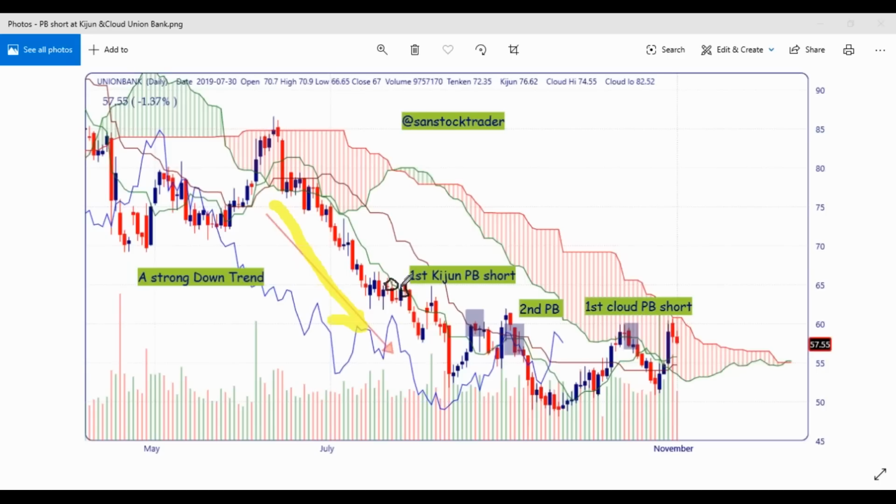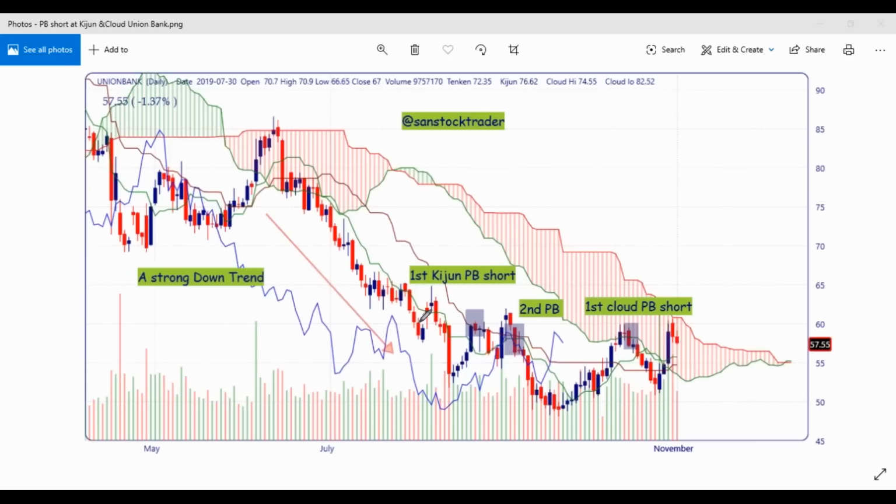The second time price touched the Tenkan-sen and was rejected. So as per our Tenkan-sen breakout strategy, one could have taken a short at this level, and see how rewarding it was. One more time it took resistance at the Tenkan-sen, and see how nicely the Tenkan-sen breakout strategy worked out here.